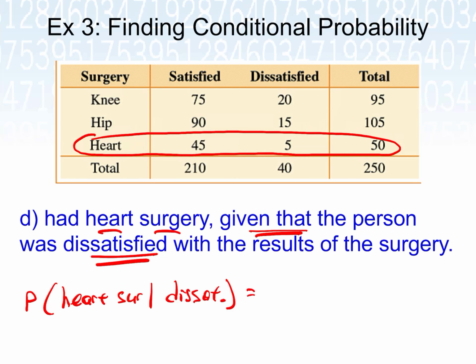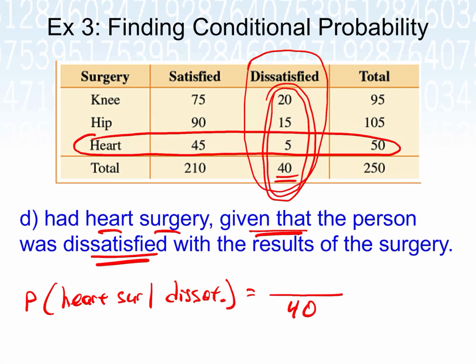All right, this one's cool. So hopefully you said, oh, given that, that's my total. So given that, dissatisfied. Well, here's my dissatisfied group, and there's a total of 40 of them. Now, of those dissatisfied people, here they are right here.